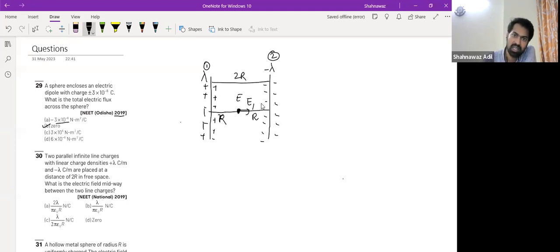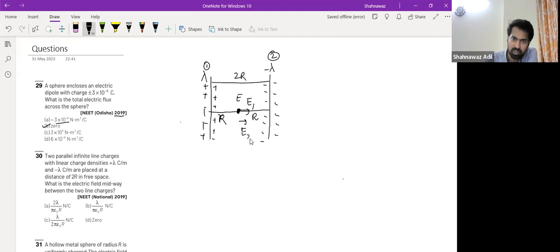I am asking that for this line charge distribution, what would be the electric field at this point? Will it be right or left? Right, because this is negative, so the electric field will come at this linear charge.